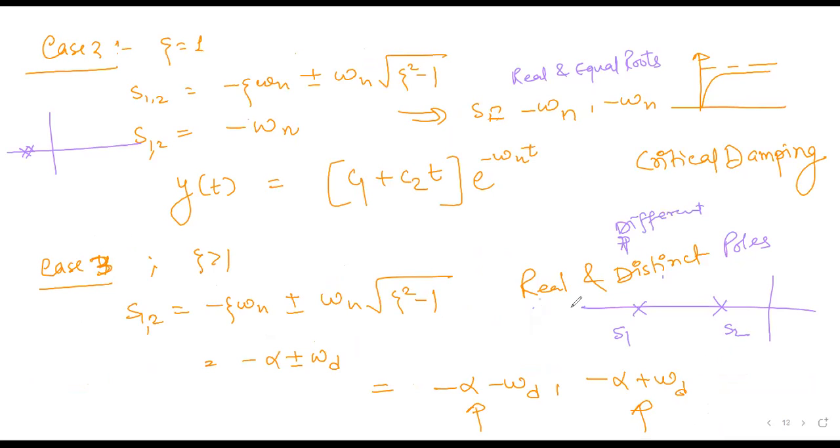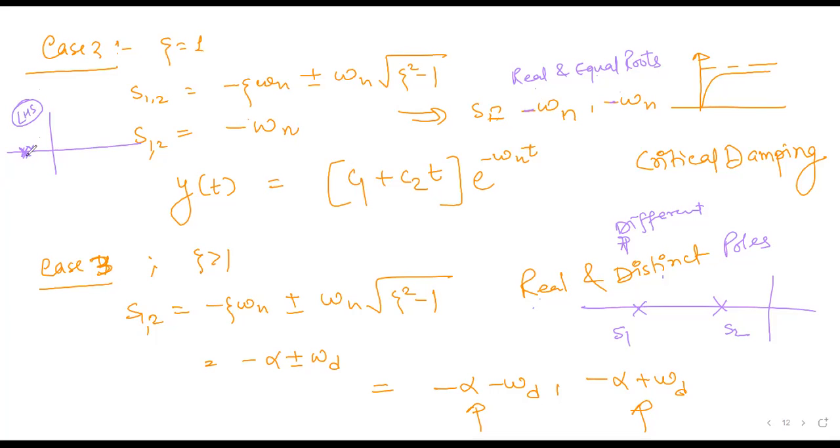So the real axis is this, and they are going to be different, so they could lie anywhere on the real axis. Now in case 2, you have real and equal roots, so definitely they are going to lie on the real axis. Since they have a minus sign, they are going to the left hand side. And since they are equal, they will lie on each other.